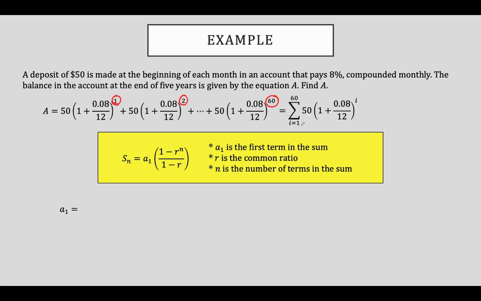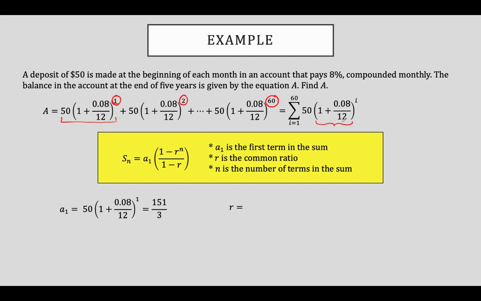Well, to get the first term in the sum, we would start by plugging in 1 for i, and notice that that's actually just this value right here. 50 times 1 plus 0.08 over 12 raised to the first power. We plug that into our calculator, hit MathFrac, and we end up with 151 divided by 3. We also have to know what r is, the common ratio. As we have said before, the common ratio is whatever quantity is being raised to the exponent.